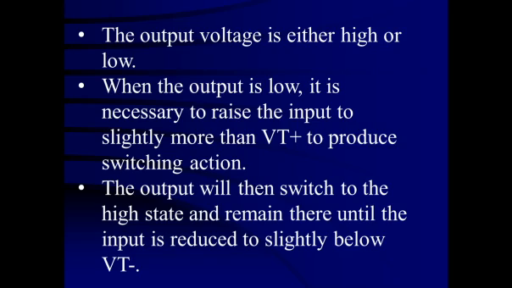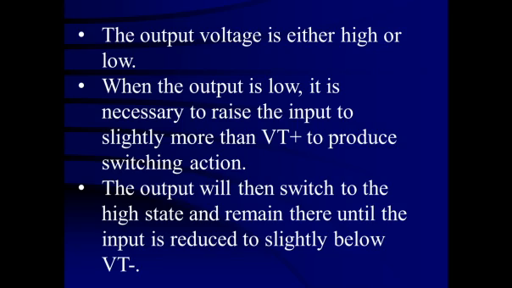The output will then switch to the high state and remains there until the input is reduced to slightly below VTH minus. So, the output remains in the high state as long as the input is greater than VTH plus voltage.